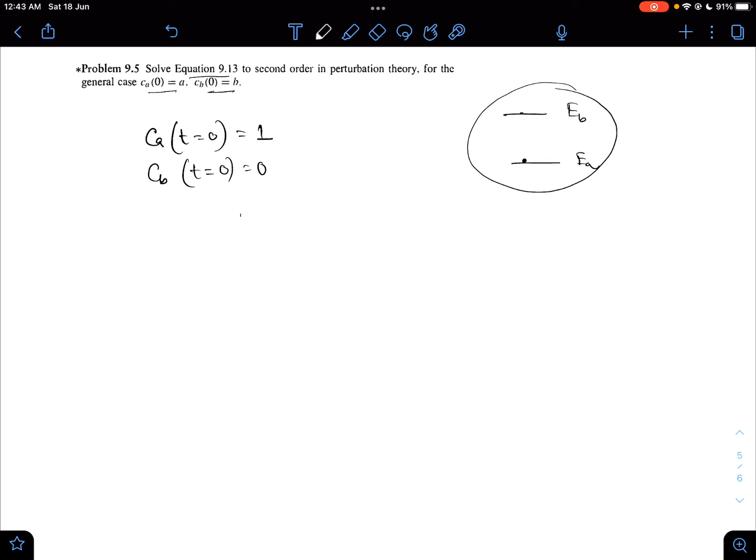So it has probability A squared to be in this state, and it has probability B squared to be in that state.